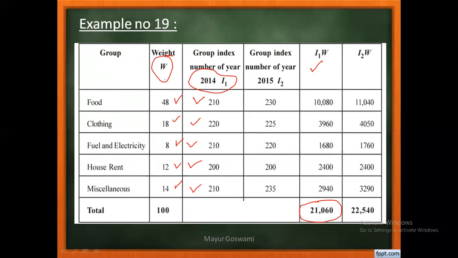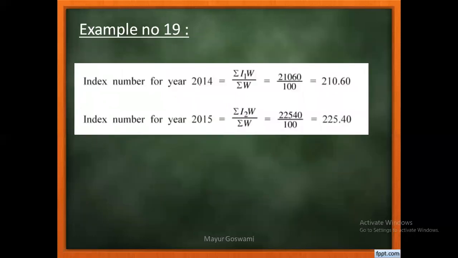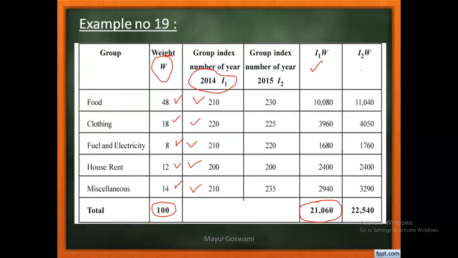And we already have the total of W, which is 100, called sigma W. So let's first find the 2014 cost of living index number: sigma IW upon sigma W, or sigma I1W upon sigma W. 21,060 divided by 100. So your answer, the 2014 cost of living index number, is 210.60, right?